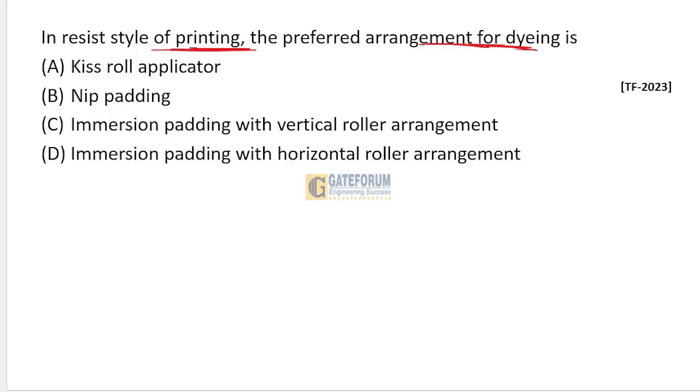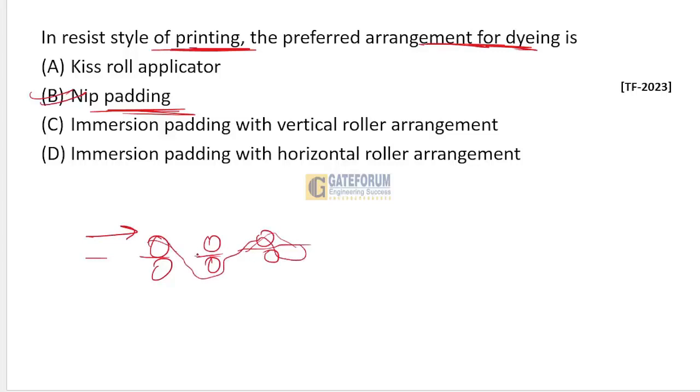So what is the arrangement of dyeing? It is done by nip padding. If you know about the nip and dip type of method, the fabric comes through a 3-nip 3-dip process. This is the type of arrangement used in resist printing. What actually happens in nip padding is that the fabric is passed between two rollers, with one roller applying pressure to the fabric. Why does it apply the pressure?